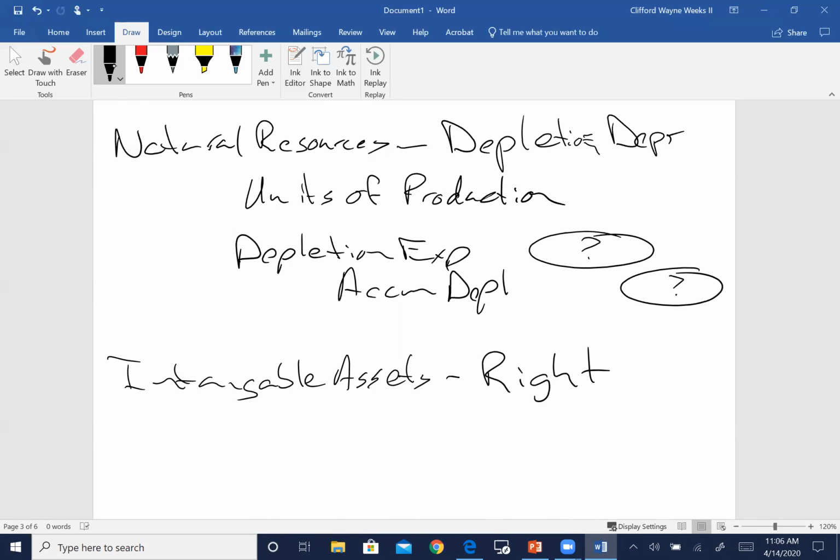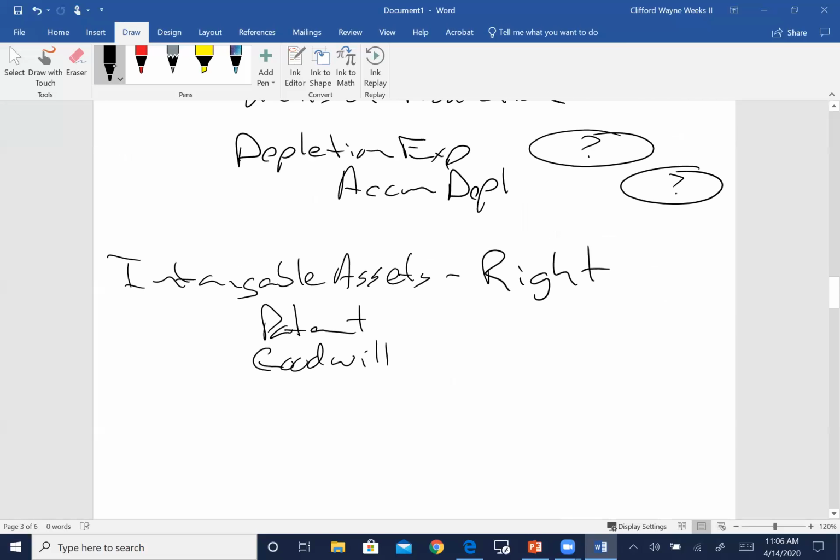You have the right to do or use something, all right? Intangible assets are things like patents, goodwill, copyrights and trademarks, things like that, all right?